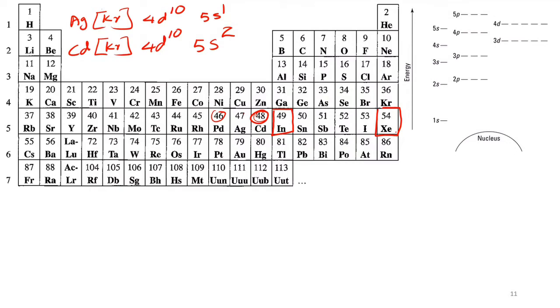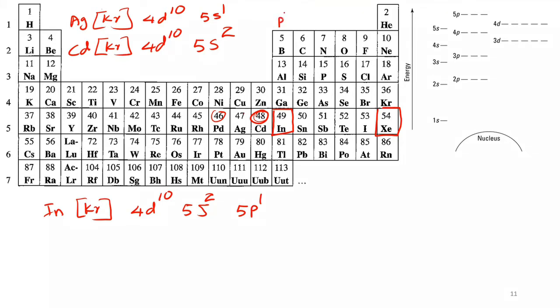When you do that, you will find that for indium, you will have the inner electrons, the krypton core, and we just filled the 4d10 and 5s2 orbitals, and indium will have the 5p1 configuration.